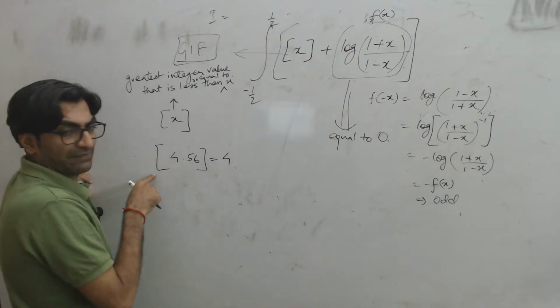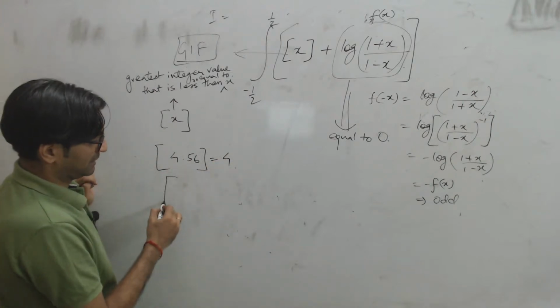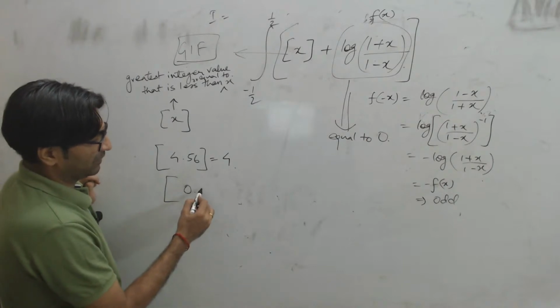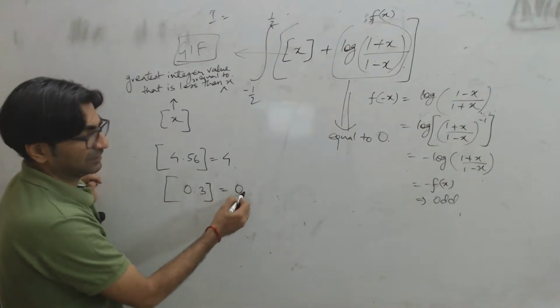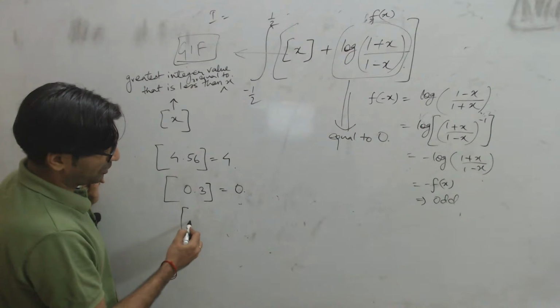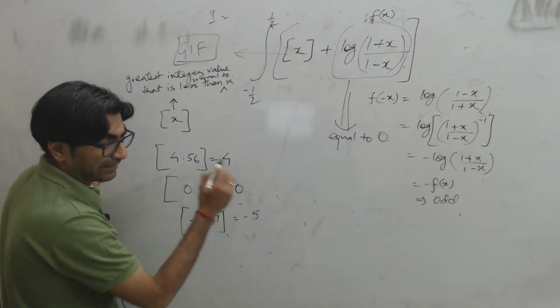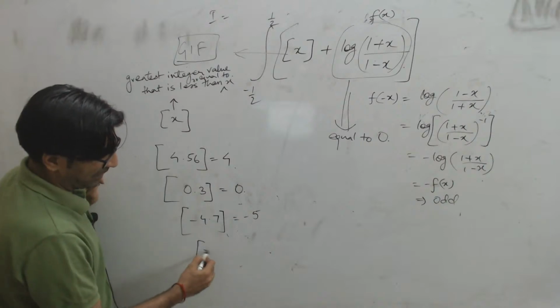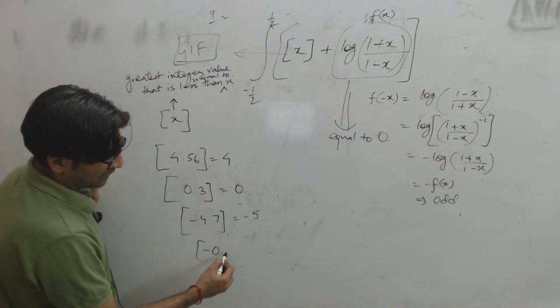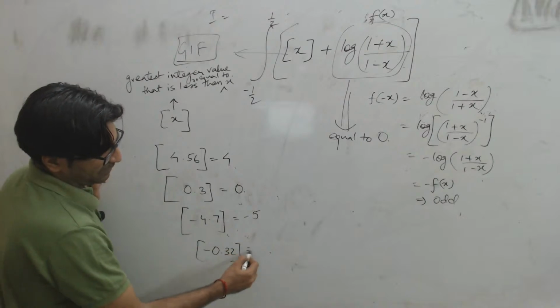It will return the integer value which is less than x. Greatest integer of 0.3 will be 0. But what about greatest integer of minus 4.7? Remember, it will be negative 5. Similarly, greatest integer of minus 0.32 will be equal to minus 1.